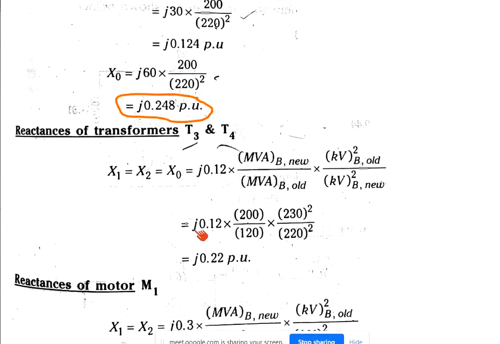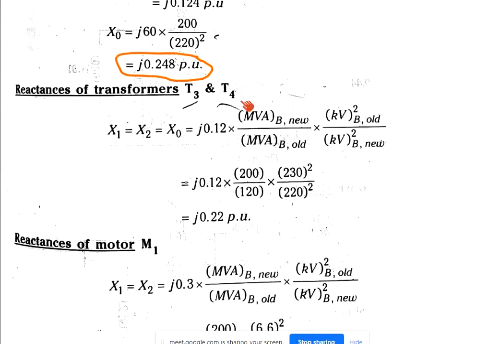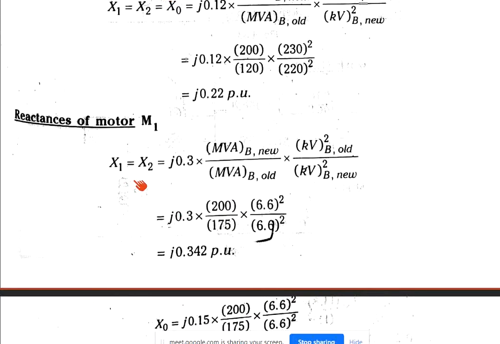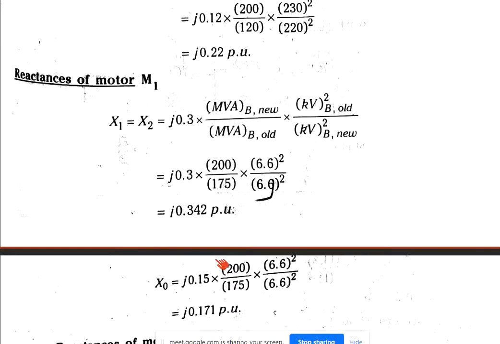Then the reactance of transformers T3 and T4: X1, X2, X naught. You had been given the same values, so find out the reactances of the transformers. Now coming to the reactance of motor 1: X1 and X2 will be the same, positive and negative sequence reactance. Apply the formula and you will get this value.